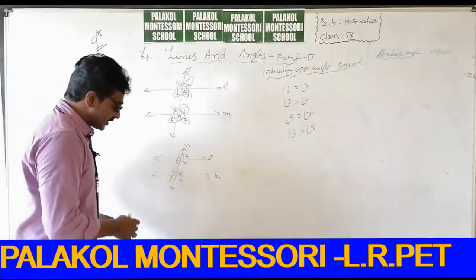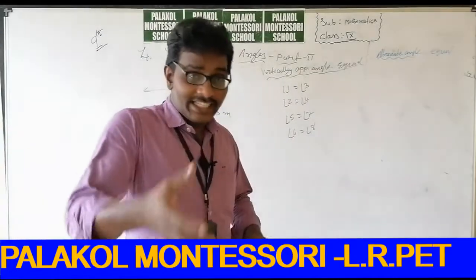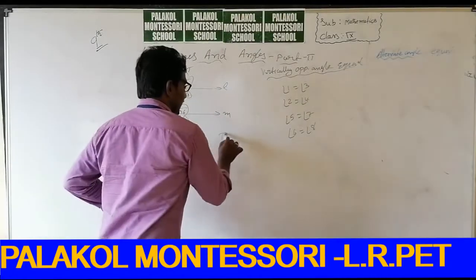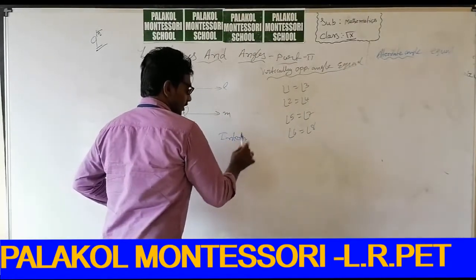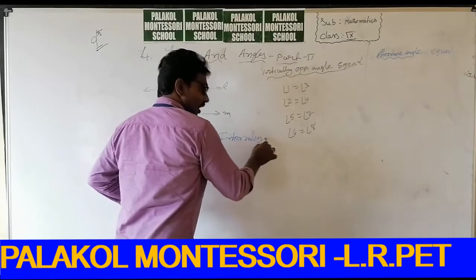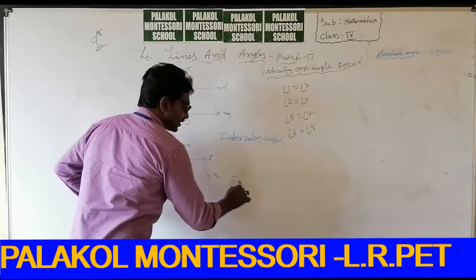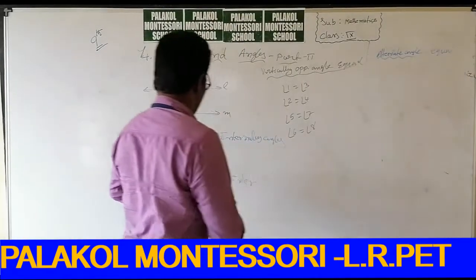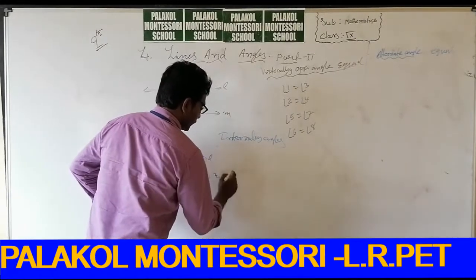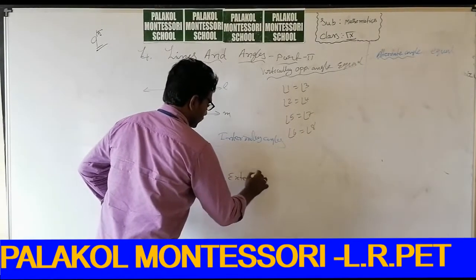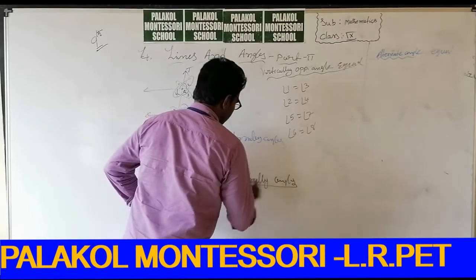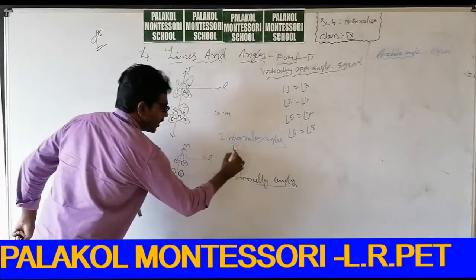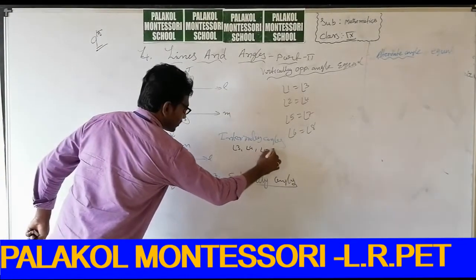Guys, actually in these 8 angles, some are internal, some are external. First you find out the internal and external angles. See, internal angles are angle 3, angle 4, angle 5, angle 6.